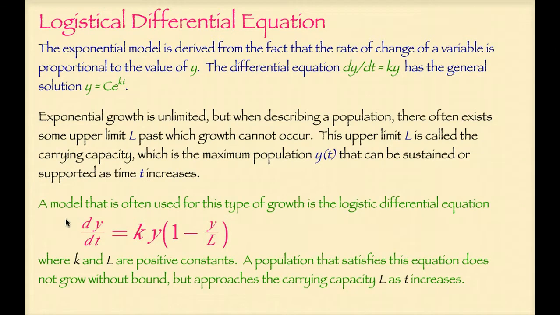A model that is often used for this type of growth is the logistic differential equation. dy dt equals ky times the quantity 1 minus y over L, where k and L are positive constants. A population that satisfies this equation does not grow without bound, but approaches the carrying capacity L as t increases.